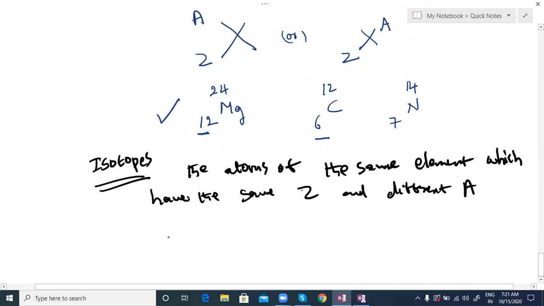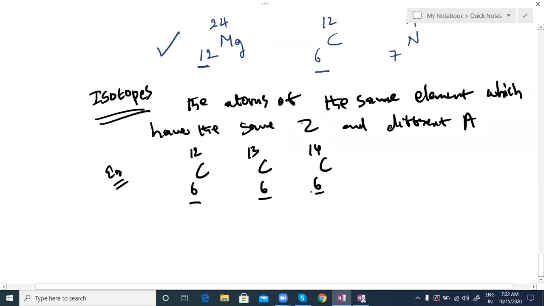So we can write here very simply, for example, carbon 6-12, carbon 6-13, carbon 6-14. All these are isotopes because you can see the atomic number is the same, 6, 6, 6.